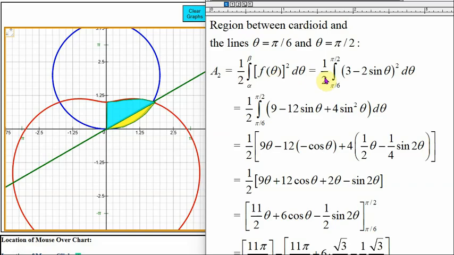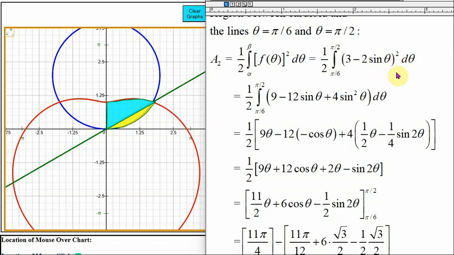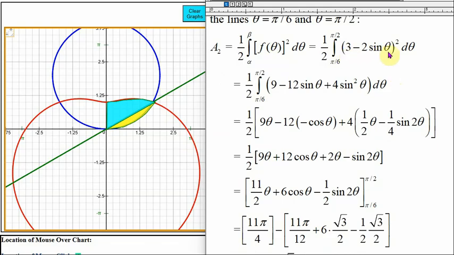So we get 1/2, and then f of theta, the cardioid here, the graph is 3 minus 2 sine of theta, and then squared. And then simplify, we get 9 minus 12 sine of theta plus 4 sine squared of theta.